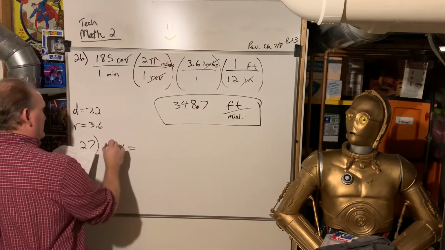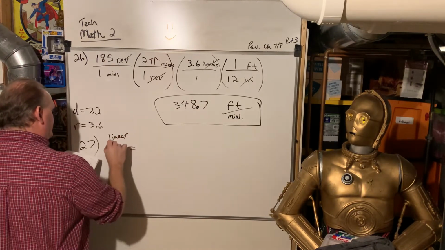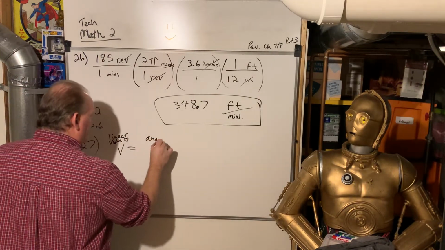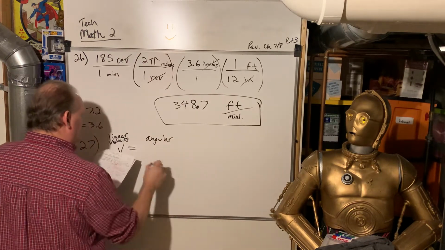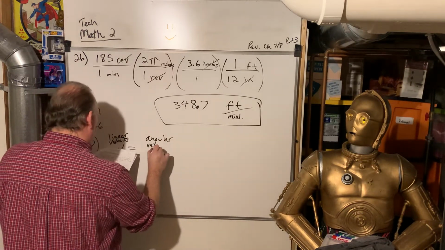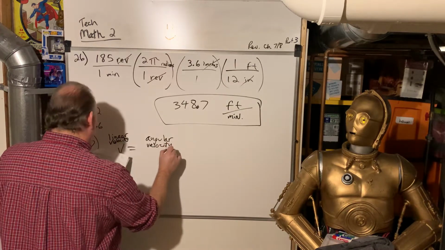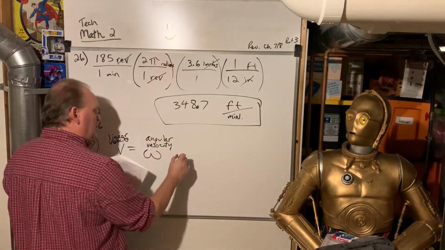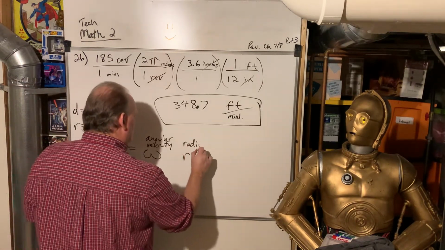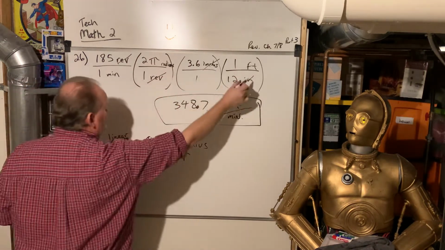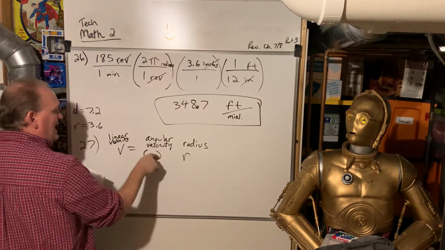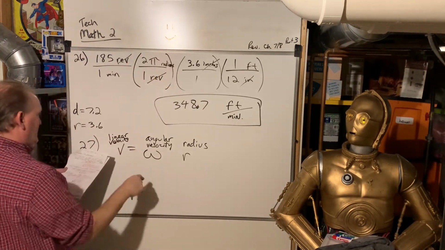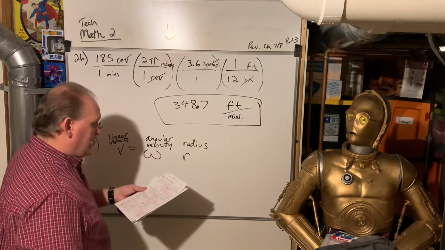The linear velocity, v, is equal to the angular velocity, which is going to be in radians, which they gave us. It looks like a W, but it's not. It's actually a Greek letter. It's like a roundy W. And then times radius. So this is actually the formula that we did use here. It's just we had to find the angular velocity ourselves, because they had it in revolutions. This one is already in radians per second.